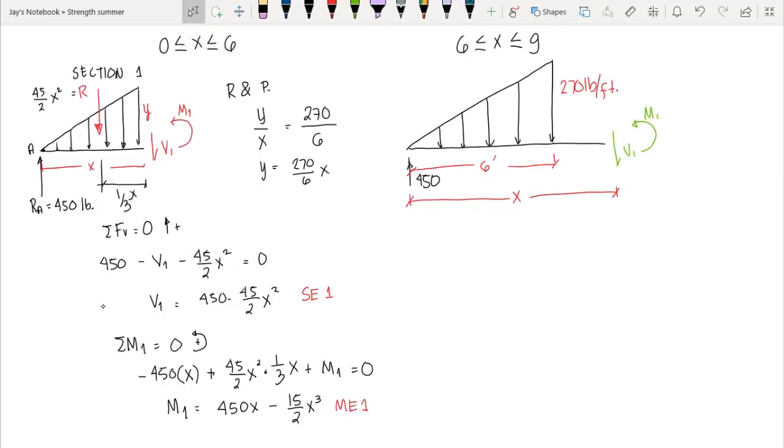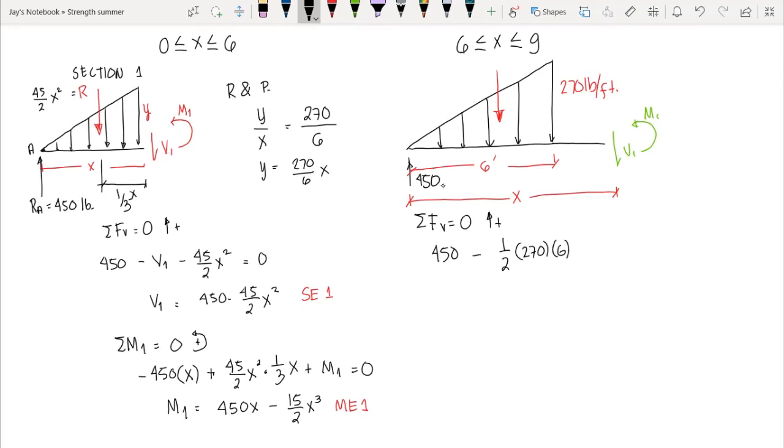So we can now determine the shear equation by summing up forces vertical equal to 0, upwards are positive. Then we have the reaction 450, and then minus the resultant of the triangular load, that is the area of the triangular load, 1/2 times 270 times the length 6.